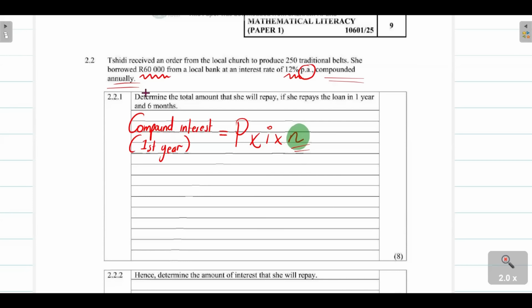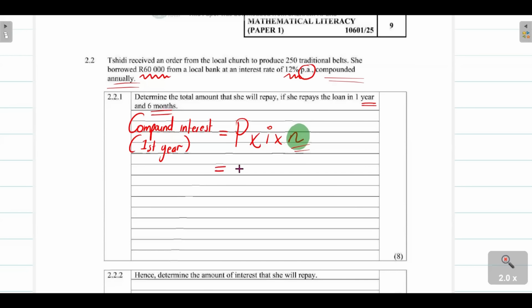So if this person has to pay back this loan in 1 year and 6 months, the loan period needs to be in years. We're going to first determine the interest in the first year, and then the interest in the half year. We need to break it up like that. All right, so let's get started.